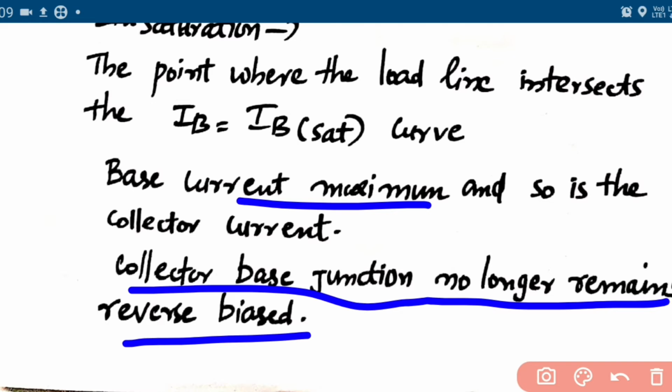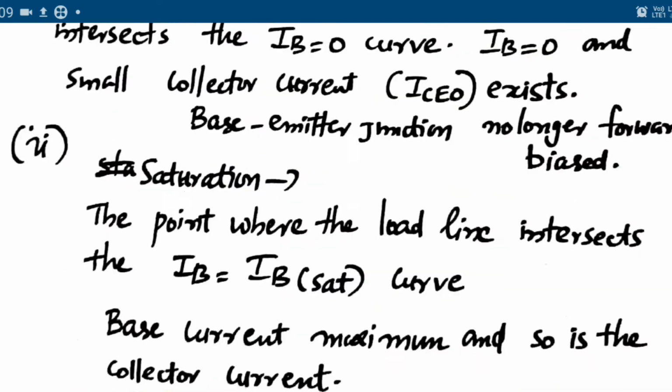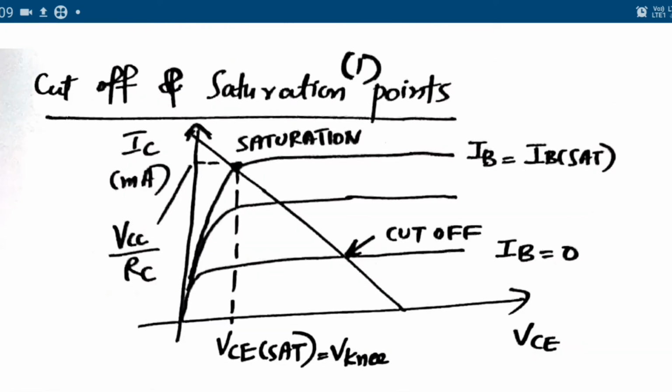Okay, for a transistor to work properly, the base emitter junction should be forward biased, and the collector base junction has to be reverse biased. Base current maximum means the saturation, it is no longer reverse biased. Okay, so at the cutoff point the base emitter junction is not forward biased. Here the collector base junction is not reverse biased.